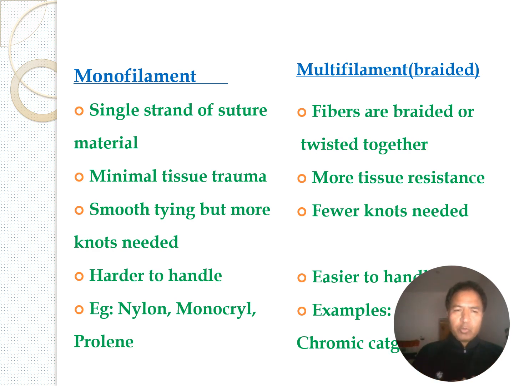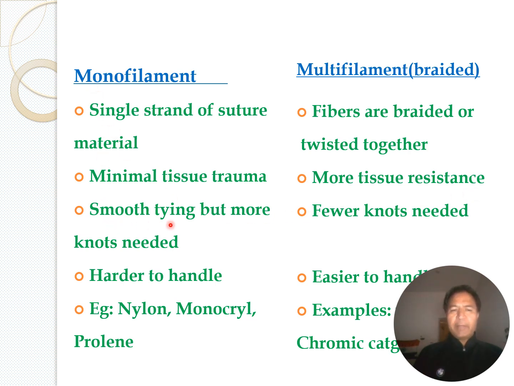Monofilament is a single strand of suture material. Multifilament has fibers braided or twisted together. In monofilament, there is minimal tissue trauma; in multifilament, there is more tissue resistance.